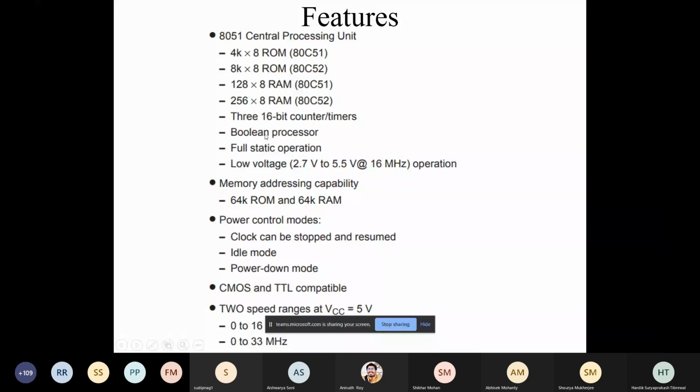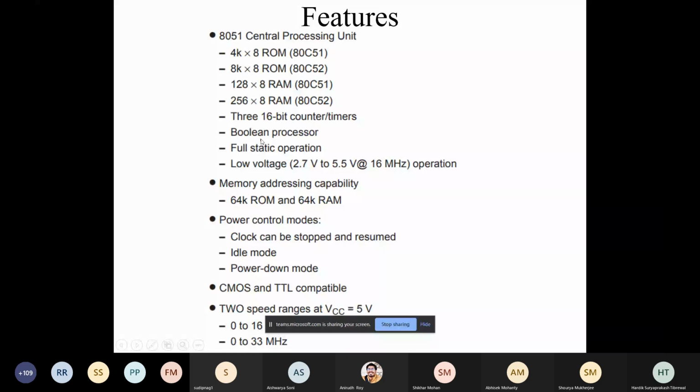This Boolean processor is basically the same processor, but it does only digital operation. But there are modern MCS 51 series microcontroller products which can offer even a little bit of analog facilities also.